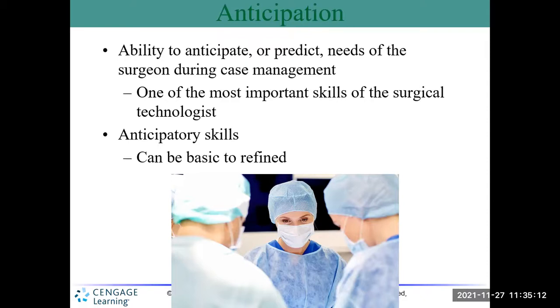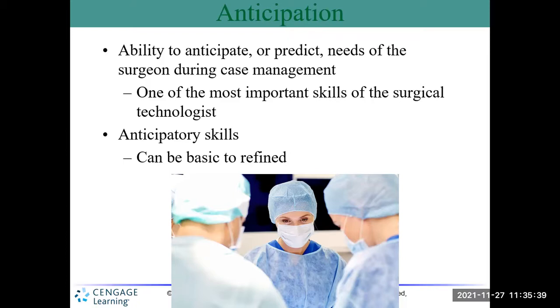Now, anticipation. We know that this is the number one thing that makes you a really good tech, once you've got sterile technique down pat and maintaining that, of course, is the ultimate number one. But aside from that, anticipation is the ability to anticipate or predict what the surgeon is going to need during that case management.